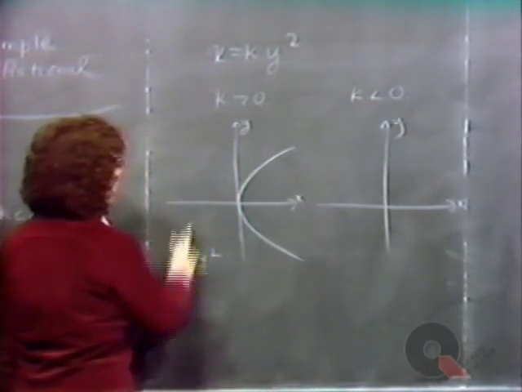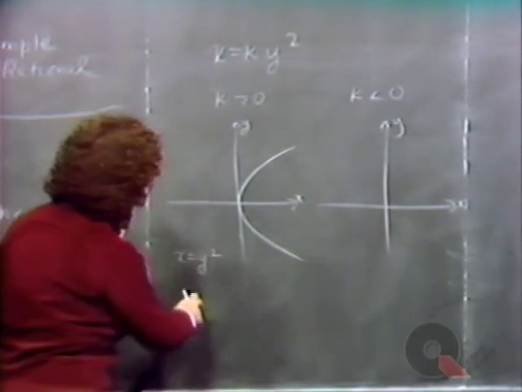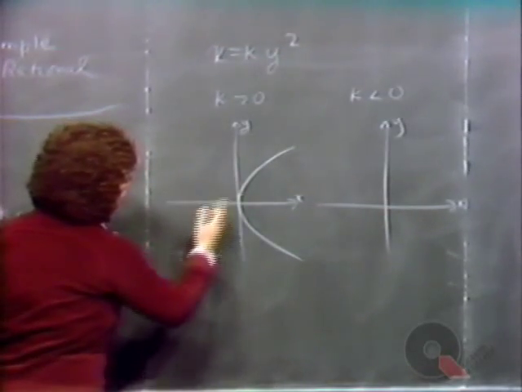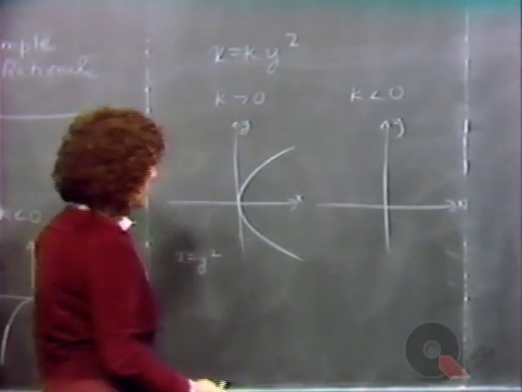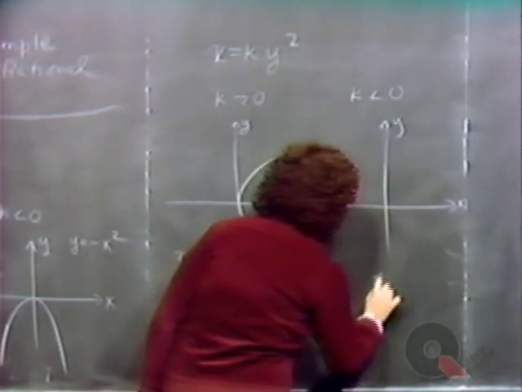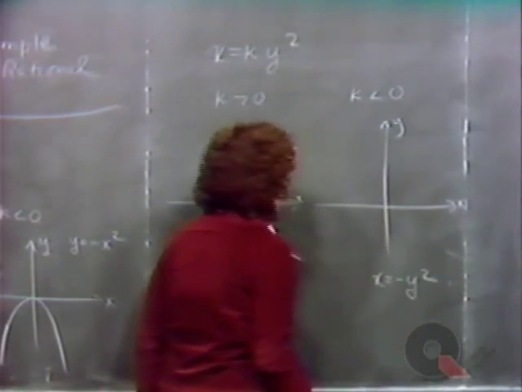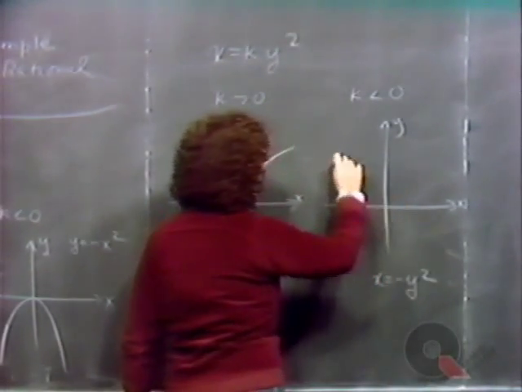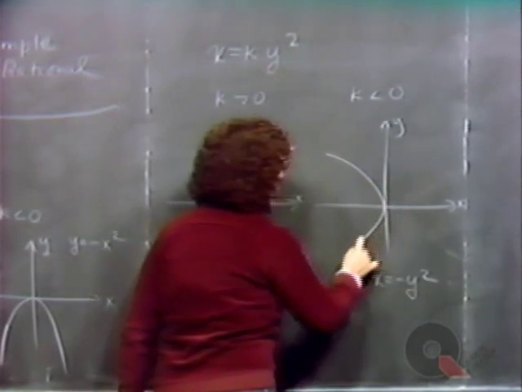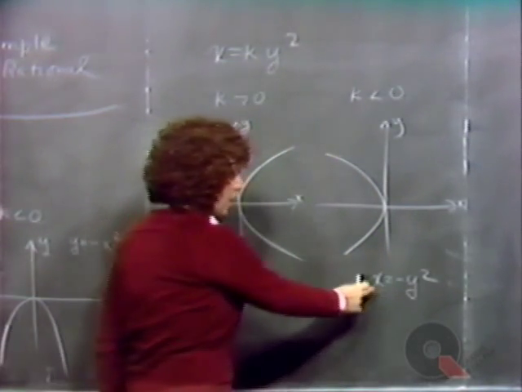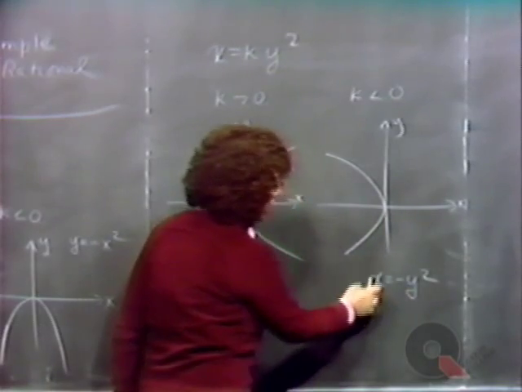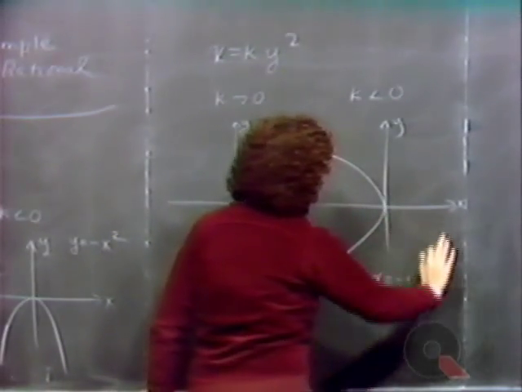We notice, in this case, when k is 1, that x can never be negative, and therefore nothing happens to the left of the y-axis. Similarly, x equals minus y squared, a parabola having vertex at the origin and opening to the left. We notice that x could never be positive. Therefore, there is nothing happening to the right of the y-axis.